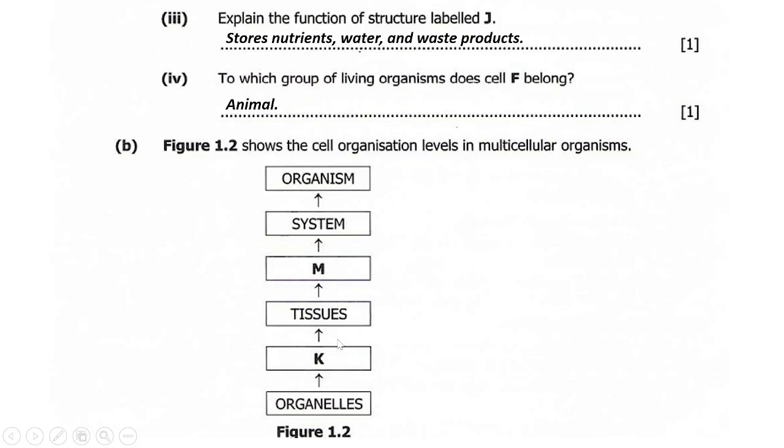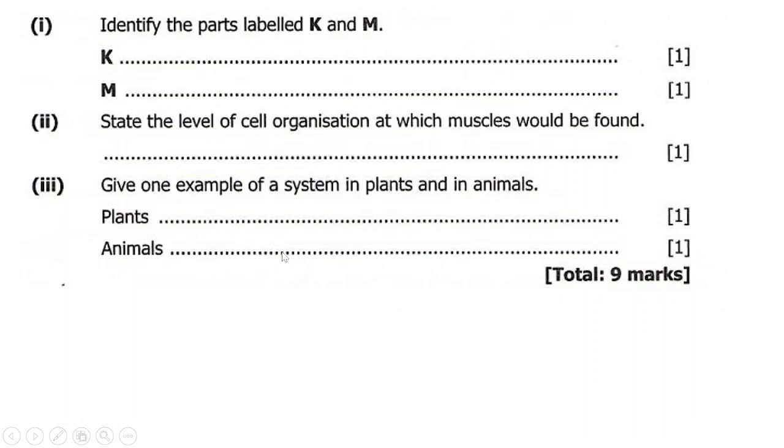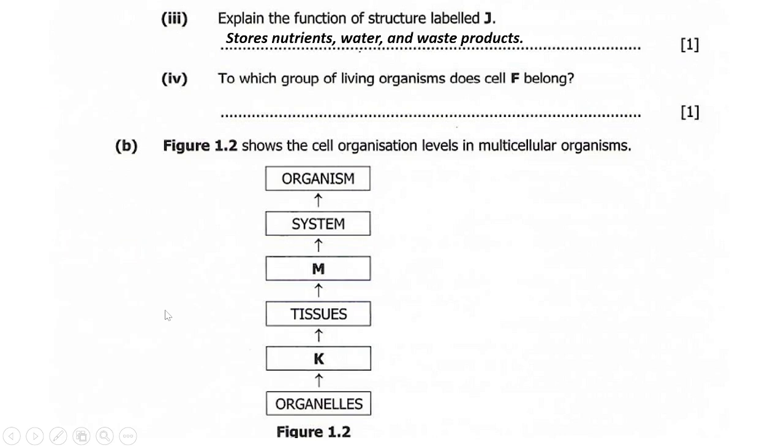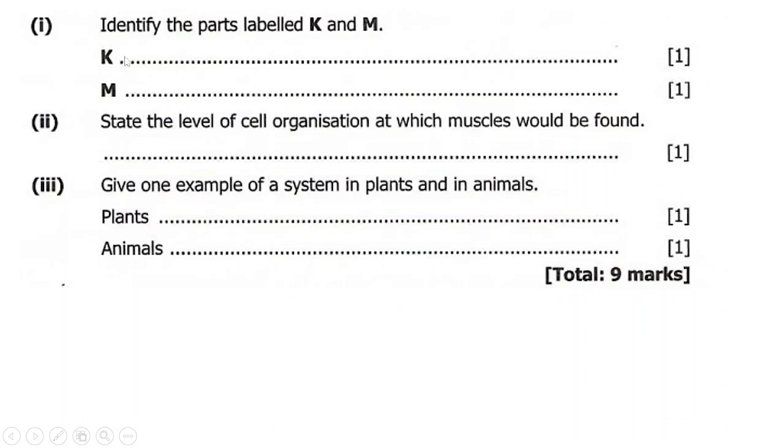The levels of organization start from organelles, then the cell, then tissues, then organ, then system, then organism. So when they say identify the parts labeled K and M, K is the cell, then M is the organ.